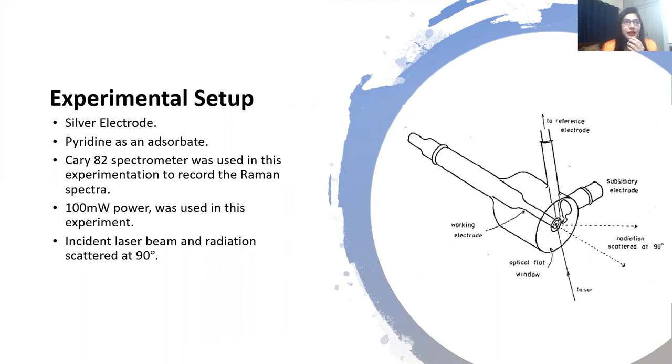A Cary 82 spectrometer was used in this experimentation to record the Raman spectra. 100 milliwatt power was used in this experiment. The electrochemical cell used for Raman experiments is illustrated in this figure. Both the incident laser beam and the radiation scattered at 90 degrees are transmitted through the optical flat glass window.